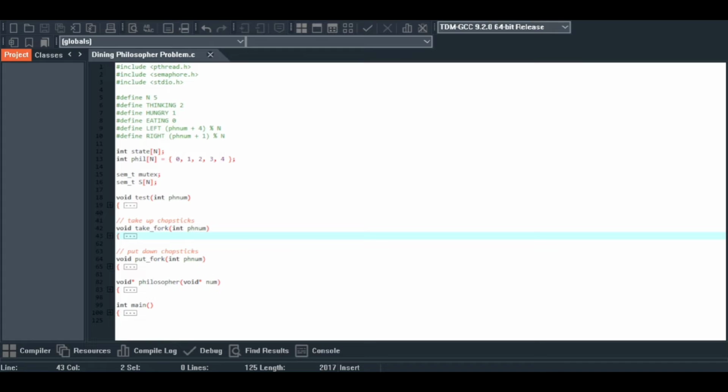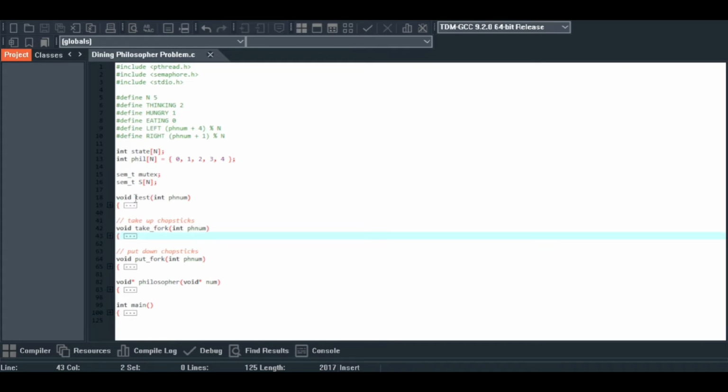As you can see, there are 2 semaphores, the mutex and the semaphore array for the philosophers. The mutex is used such that no 2 philosophers may pick up or put down forks at the same time. The array is used to control the behavior of each philosopher, but semaphores may result in a deadlock due to programming errors, so we have to be careful with that.